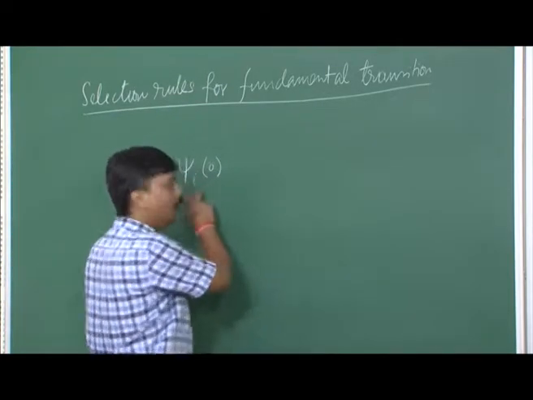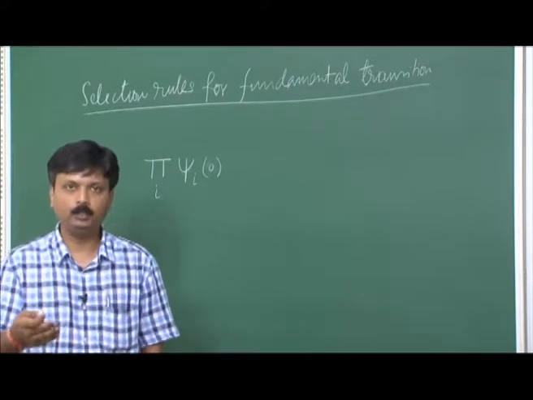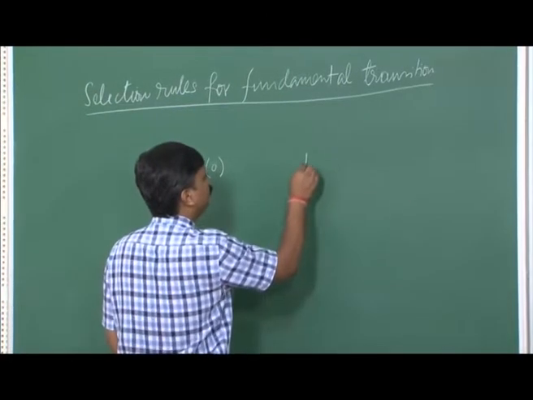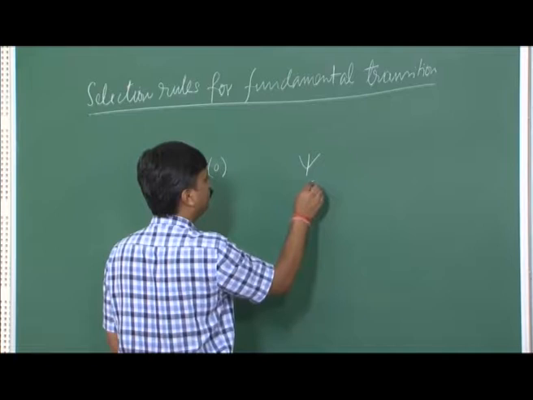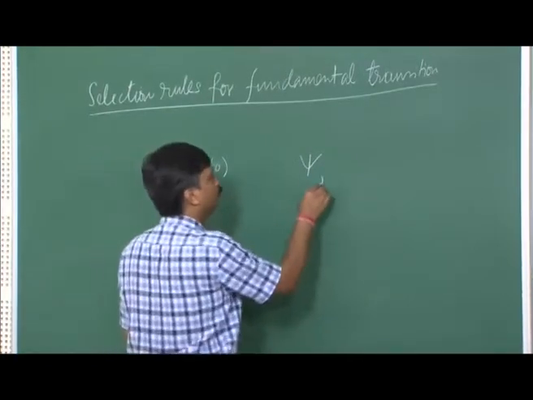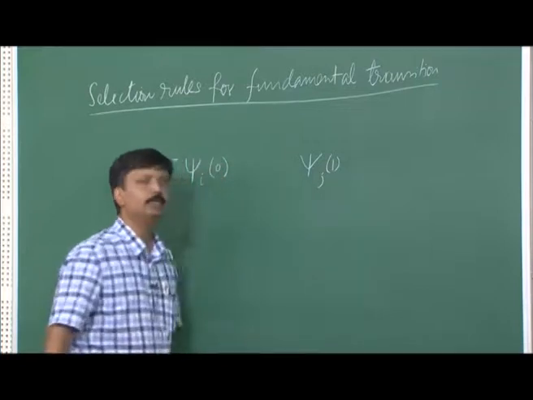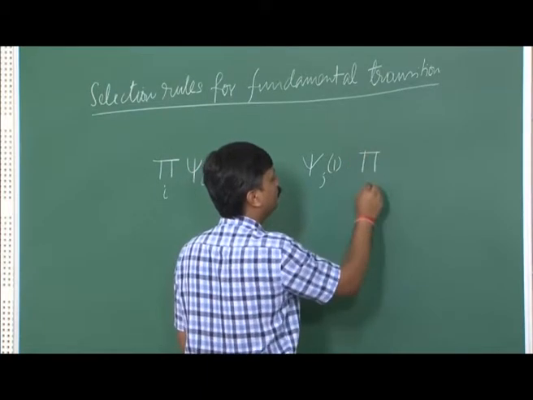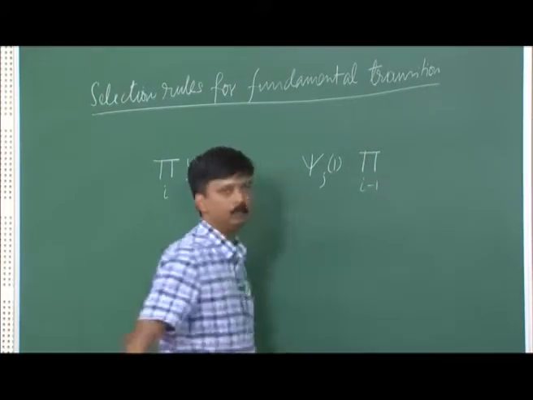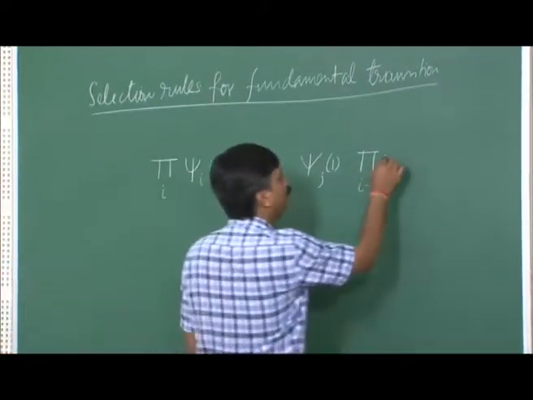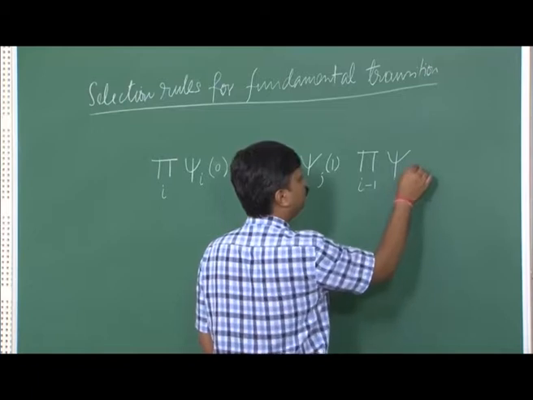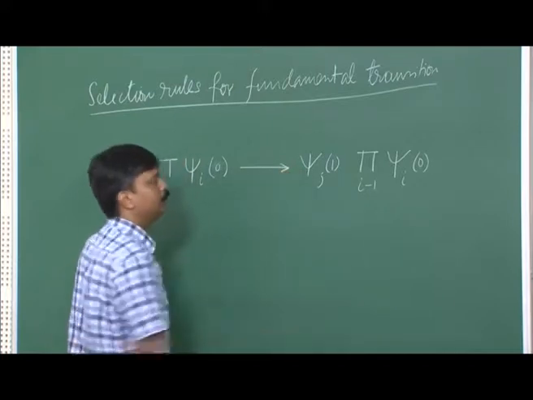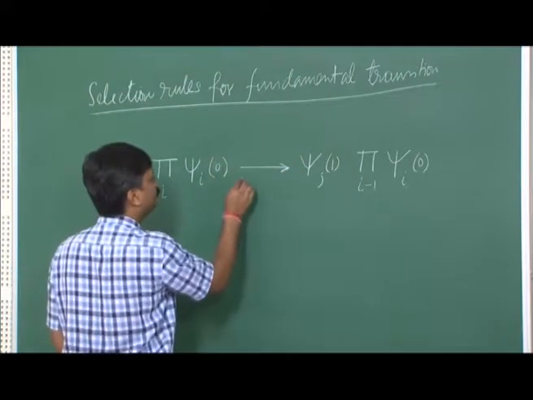And if one of the normal modes is excited to level 1, suppose this is the jth normal mode, so the jth normal mode is now residing at vibrational level 1, and the rest of the normal modes, whose number will now be n minus 1, will still stay in level 0. So this transition is a fundamental transition.